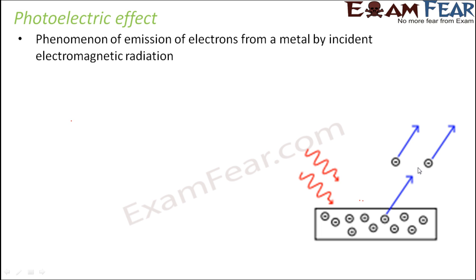Now, it is not necessary that if the energy is greater than the work function of the metal, then electrons must come out. Here you might ask, what is work function? Every metal has a work function. That means the minimum amount of energy that is needed to knock off an electron from the metal surface.